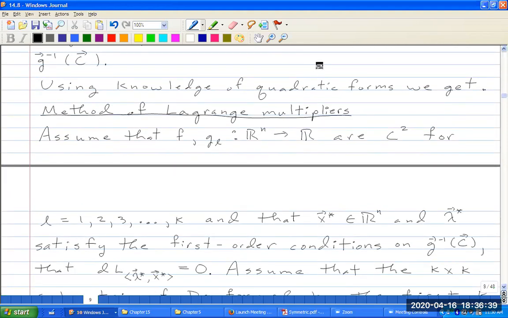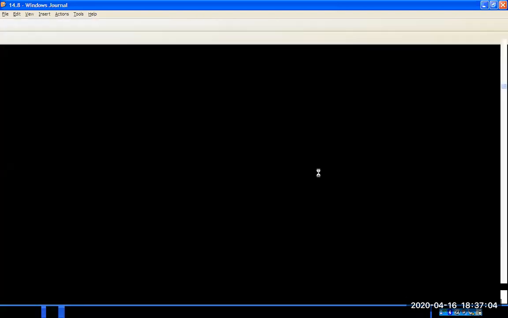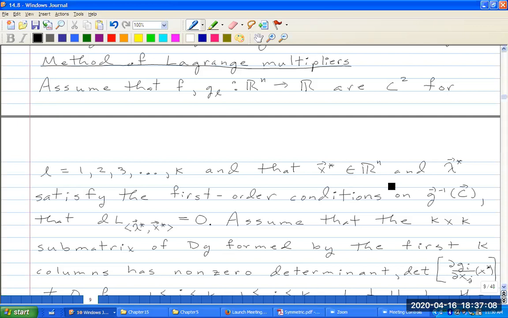Okay, so using knowledge of quadratic forms, we get, so this will be a little, assume that f, g_l go from R^n to R, C^2, for l equaling 1 to k, and that x star is in R^n, and lambda star is in R^k, satisfy the first order conditions on g inverse c such that dL, the differential of L, is 0 there.